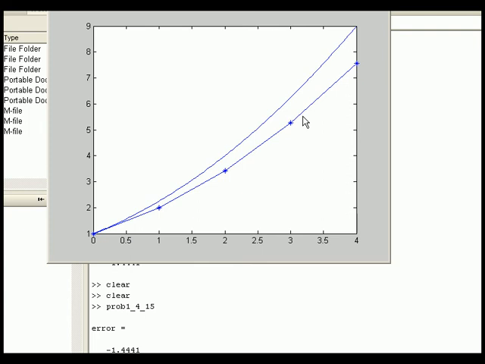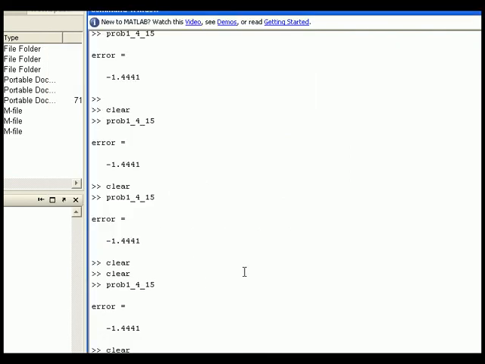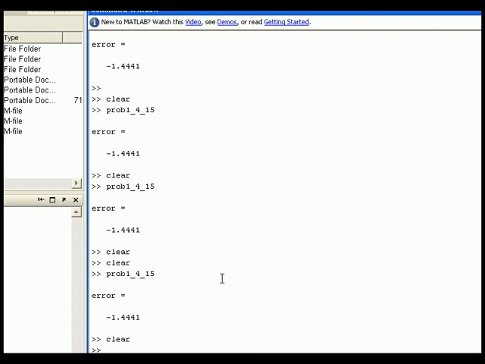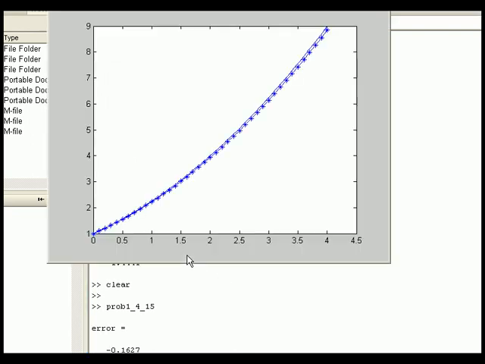Now if we, instead of taking 4 steps of 1 each, let's take 40 steps of 0.1 each, and we should get a lot smaller error. So with the smaller step size, we get an error of 0.16, about 10 times smaller.